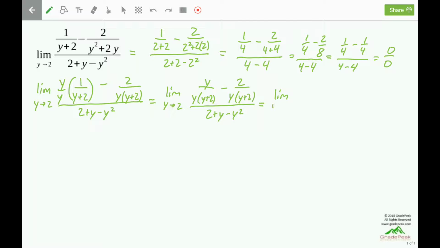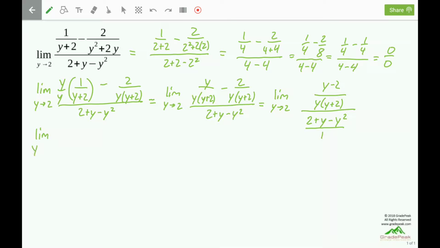We can now combine the fractions together. By combining their numerators, we have y minus 2 over the common denominator of y times y plus 2, and then all of this over 2 plus y minus y squared. The next step is to take the denominator, which is currently not a fraction, but we can make it one by putting it over a 1.